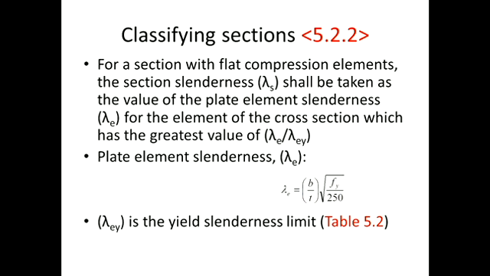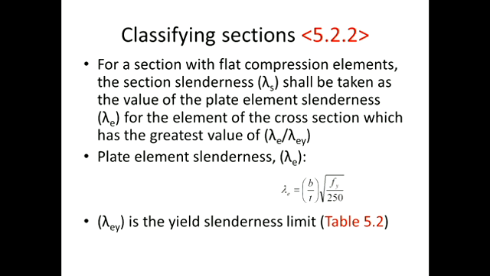So the section which has the greatest value of lambda e over lambda ey would be the element which determines the value of the section slenderness for us. And this is just looking at the definition of lambda e.